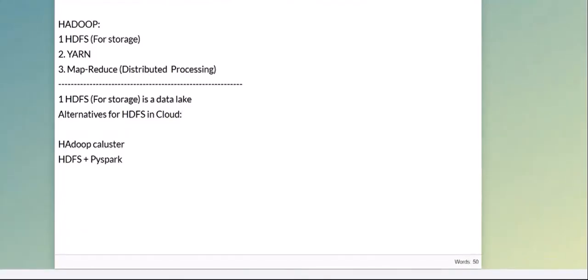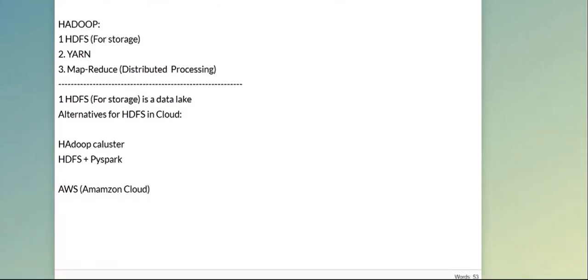But for example, we are moving towards the AWS cloud, Amazon cloud. How can we replicate this kind of thing in AWS cloud? We need two things: one for storing the data and the other for processing the data.